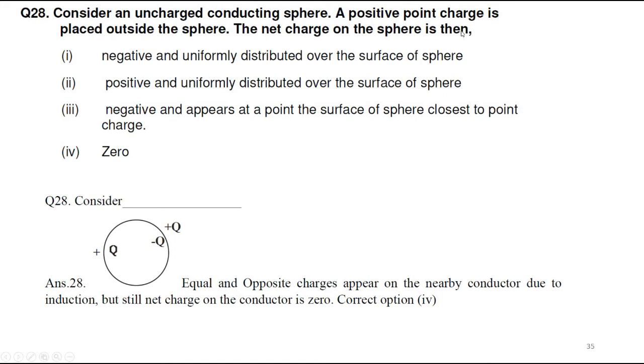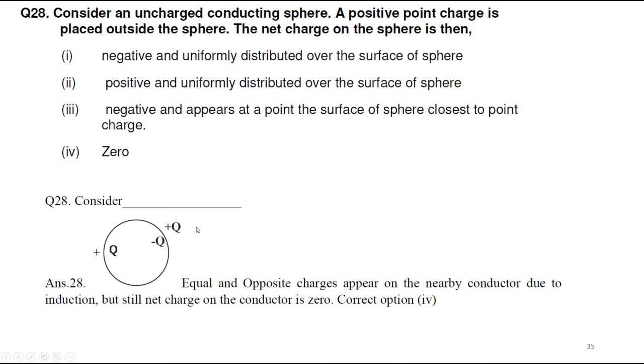The net charge on the sphere is then option 1: negative and uniformly distributed over the surface of the sphere, option 2: positive and uniformly distributed over the surface of the sphere, option 3: negative and appears at a point on the surface of the sphere closest to the point charge, option 4: 0. So the answer for question number 28 is option 4, 0.